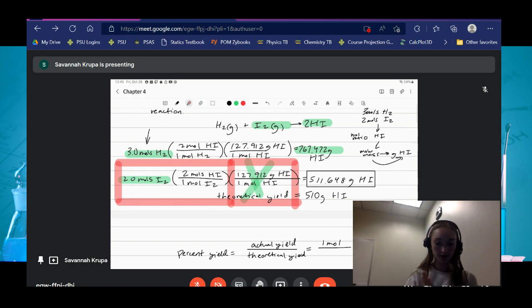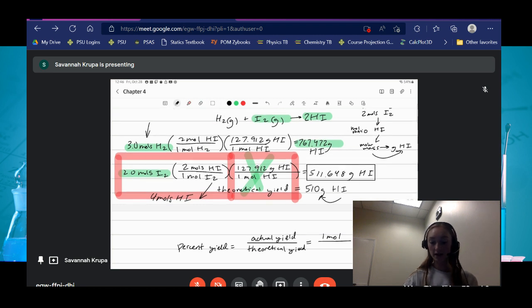That's the first red box. So the 2 moles of iodine gas times 2 moles of HI, that'll give us, if we stopped there, then we would have 4 moles of HI produced. So 4 moles of HI is the same amount as the 510 grams of HI that we produced. It's just a different unit.